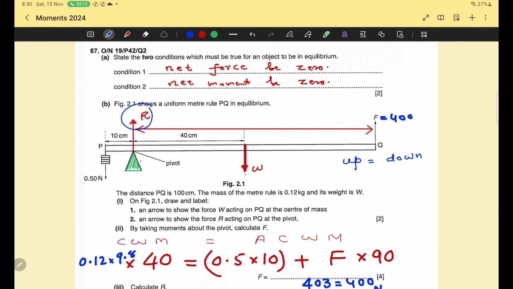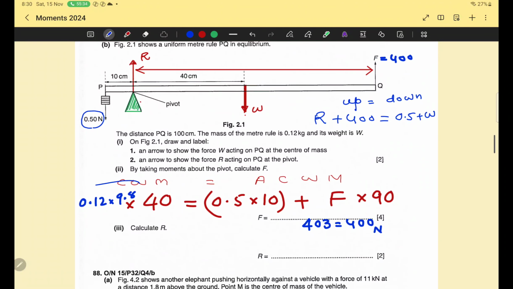Sir, the upward forces are R and 400, and the downward forces are 0.5 plus the weight. The weight we have already calculated, 0.12 into 9.8.